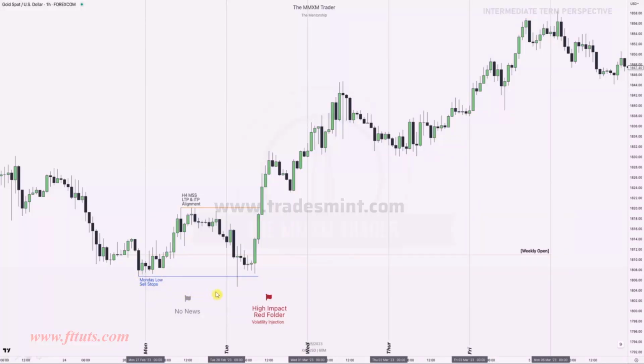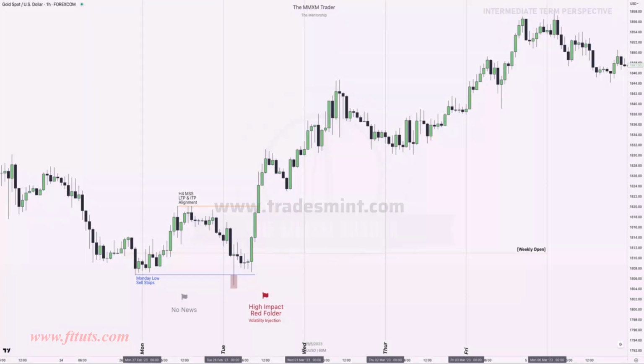Those sell stops have been liquidated and order pairing happened over here. So on Tuesday, we move up, breaking structure, and then long-term and intermediate-term perspective is aligned, right? We've got that 4 hour structure shift, and then our weekly draw on liquidity is in line. So outlining that low that got raided, right, over here.